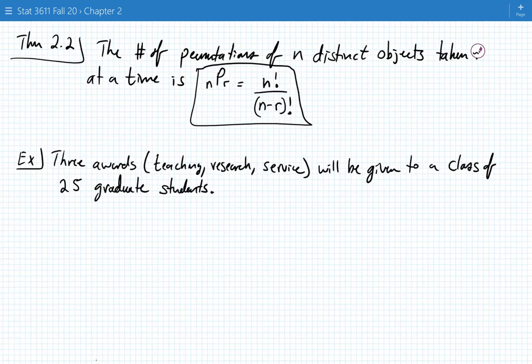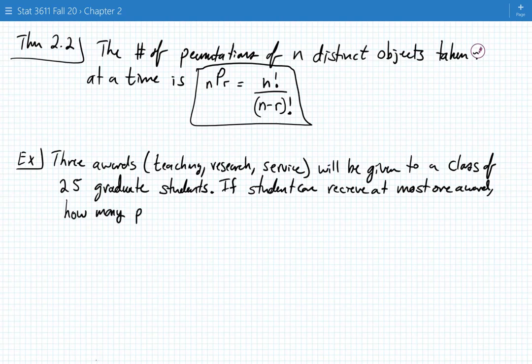Now, if each student can receive at most 1 award, how many possible selections are there?